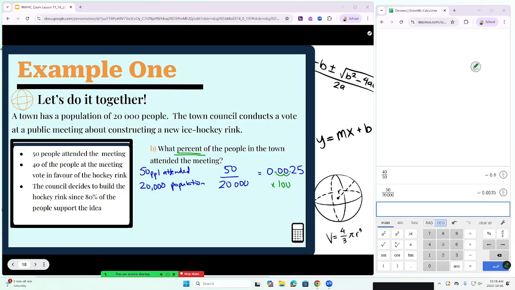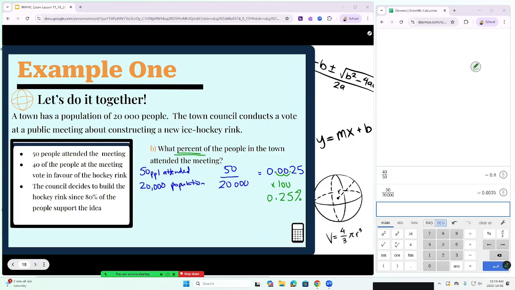Then we get 0.25%. That means that only 0.25% of the population of the town's residents attended. We're not talking 25%, we're talking less than 1%.